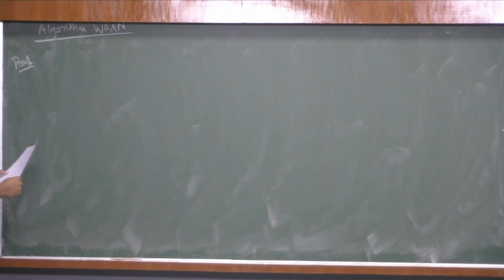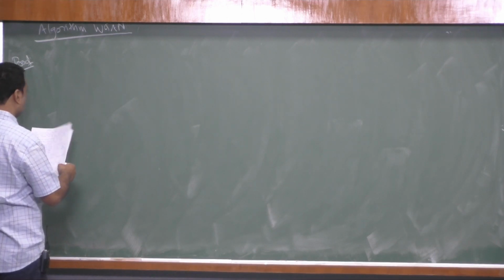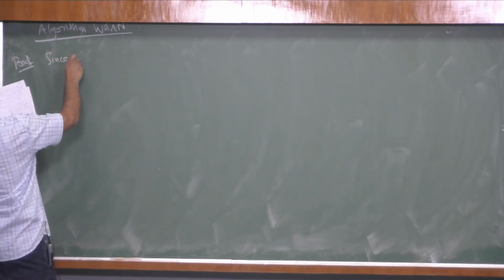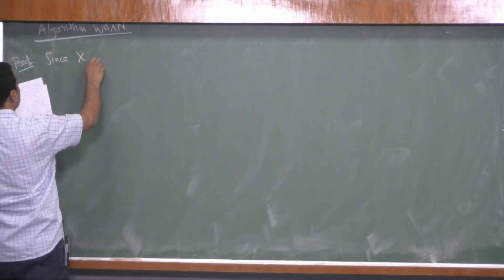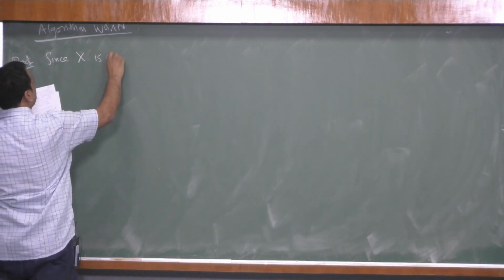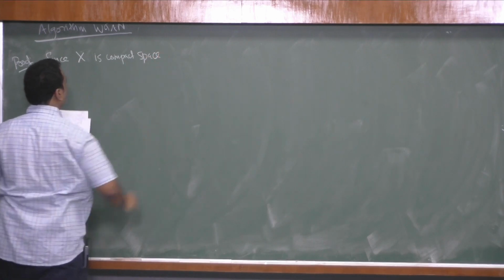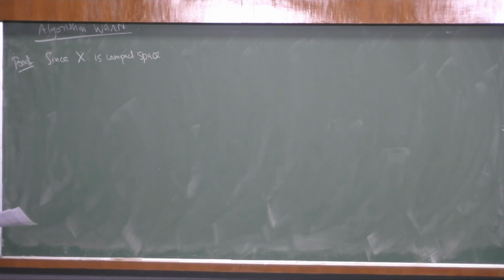of the WGAN GP paper. They had only one theorem. Okay, and since X is a compact space, this itself is something you need to check. Okay, this will be referred. So since X is compact, if we are in the reals, then a very simple definition would be closed and bounded.